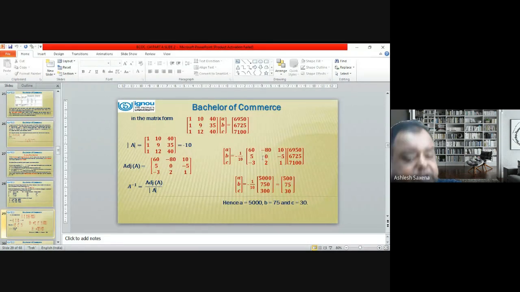This matrix has to be multiplied by the price matrix. After calculation, we get 500, 75, and 30. That means A has a value of 500, B has 75, and C has 30.